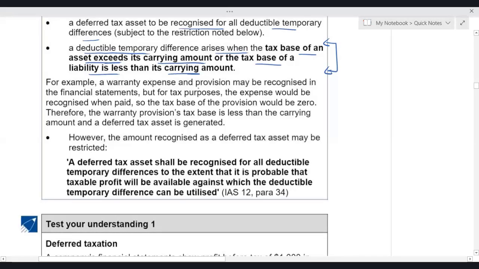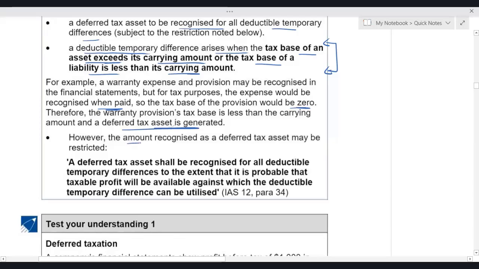For example, a warranty expense and provision may be recognized in the financial statements, but for tax purposes the expense would be recognized when paid. We have already discussed this in the previous lecture. So the tax base of the provision would be 0. Therefore, for the warranty provision, tax base is less, carrying amount is more, deferred tax asset.